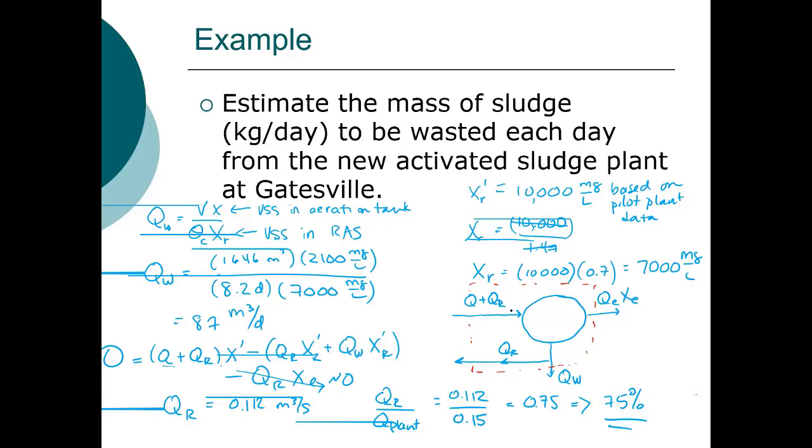So what is entering here is 1.75 times Q. This term here, this X prime, is what's entering from the aeration tank. The XR prime is what's leaving the secondary clarifier as sludge, and XE is what's leaving the clarifier as effluent.